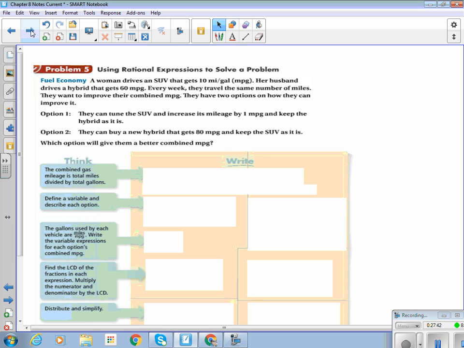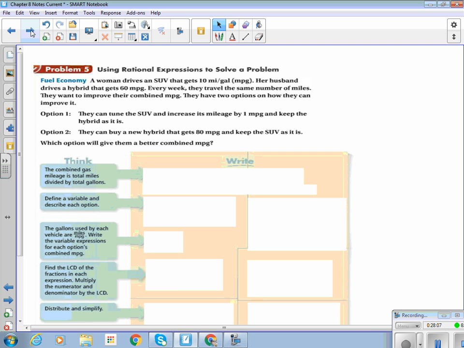The old hybrid that they had gets 60 miles per gallon. They just want to know straight up which option will give them the better combined miles per gallon. So they're in it for the long run.